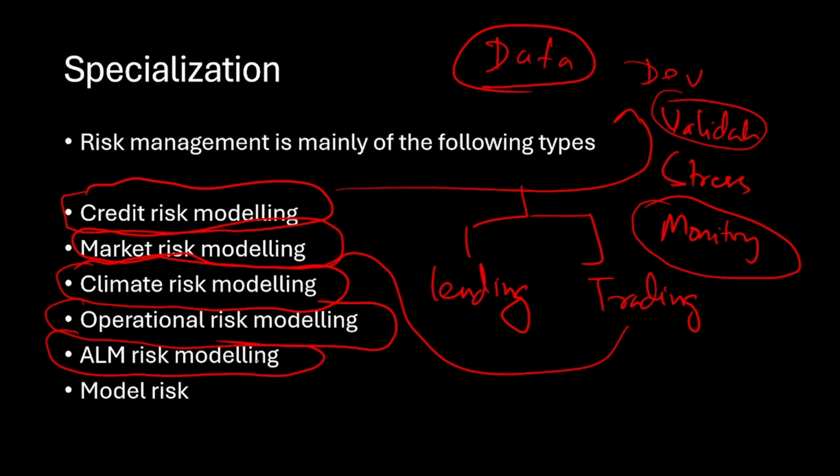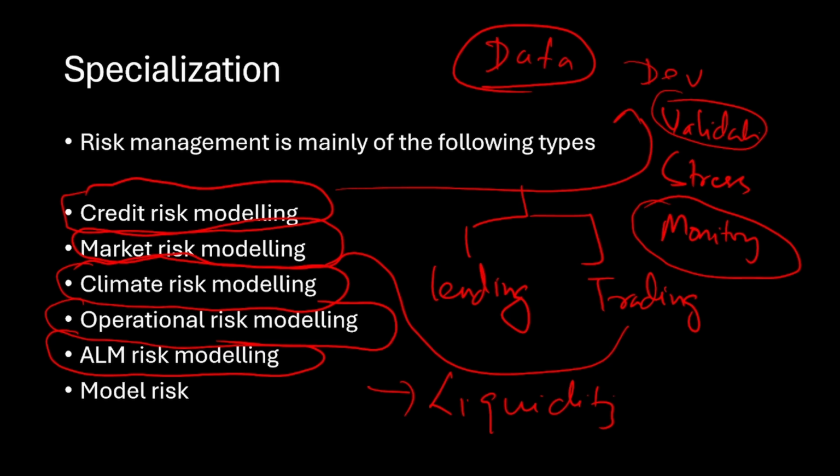ALM treasury is quite a big area of risk management, often not talked about. Asset liability management and treasury is one area of risk management which is extremely mathematical and amazingly interesting if you have a strong interest in finance. There you will be doing model development or validation of models related to liquidity, that means whether the bank has enough liquidity to cater to different demands and requirements in the future, based on the inflows and outflows of the deposits on the balance sheet.